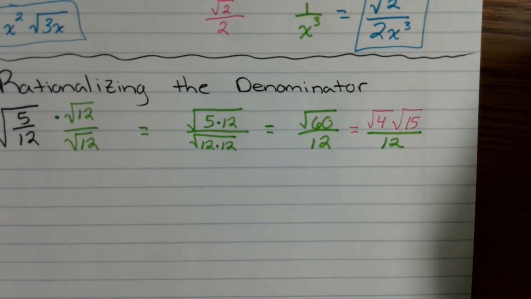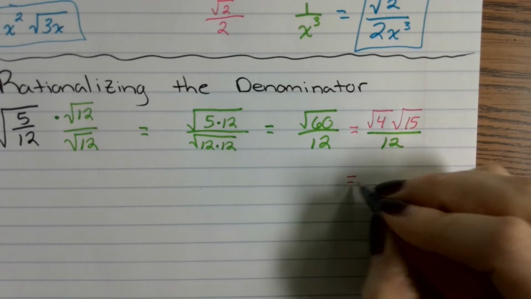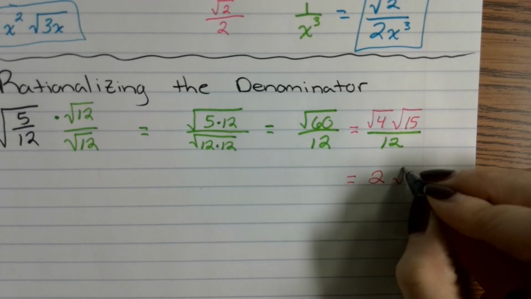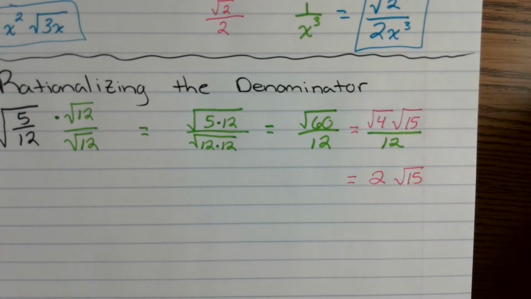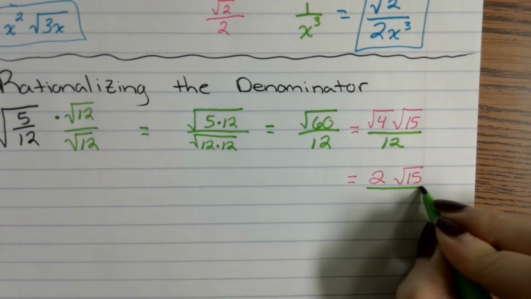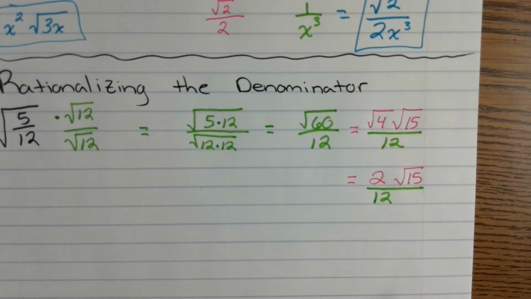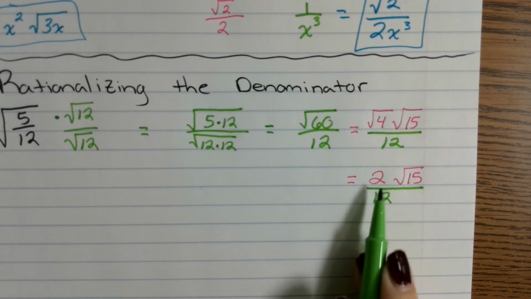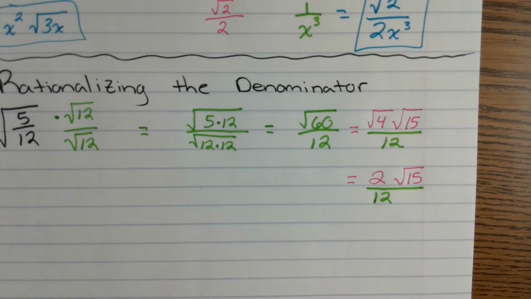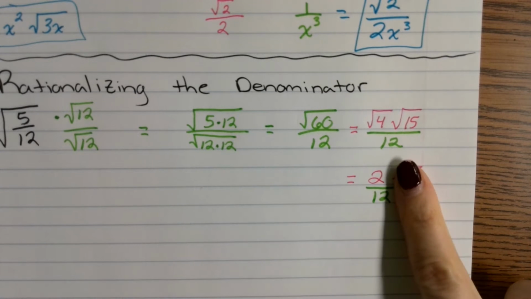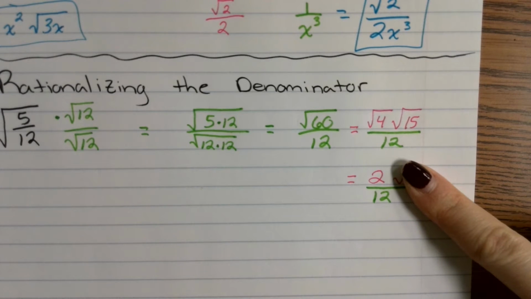What's the square root of 4? 2. So we now have 2 and then the square root of 15. Again, all of this over 12. Now, I'm going to go ahead and put the 12 right underneath the 2 because they're both outside of my radical. So I want to focus on it as if this was my fraction, 2 over 12.